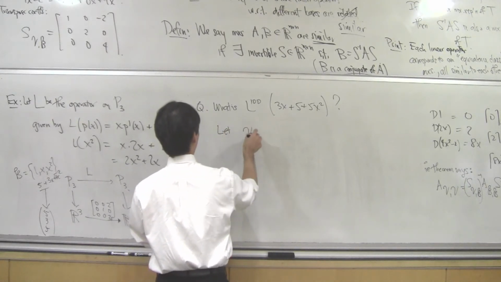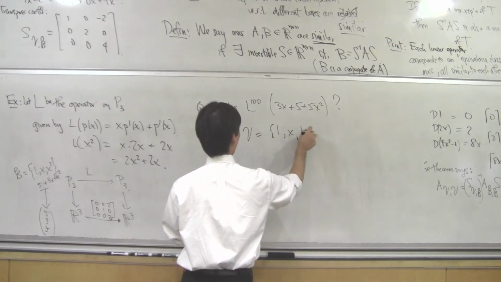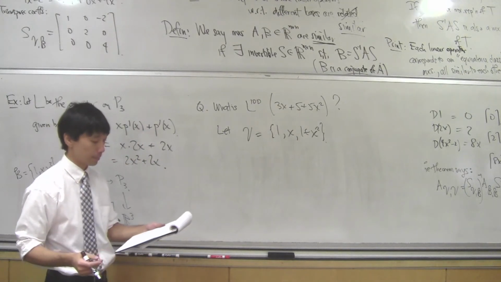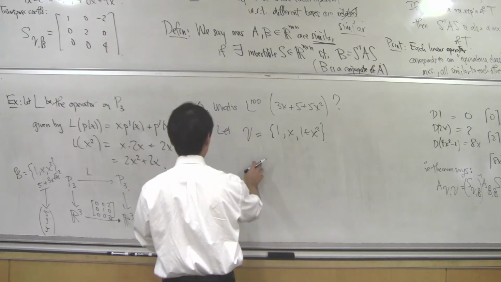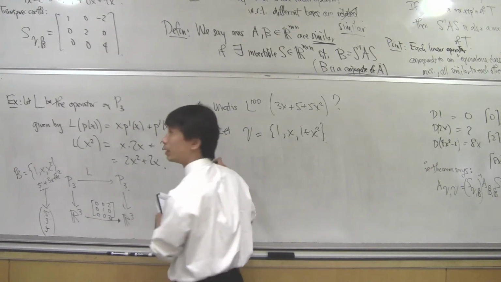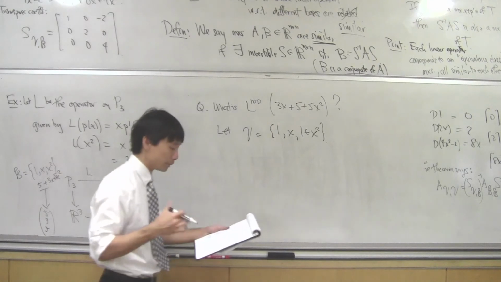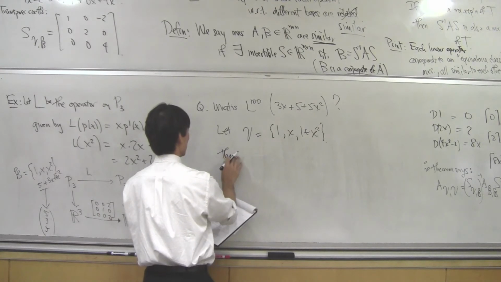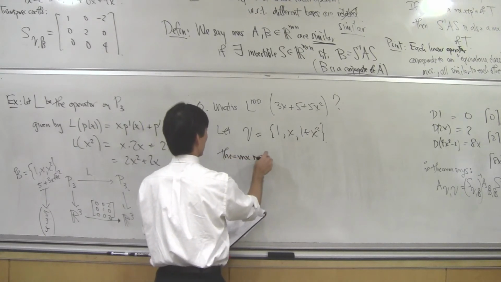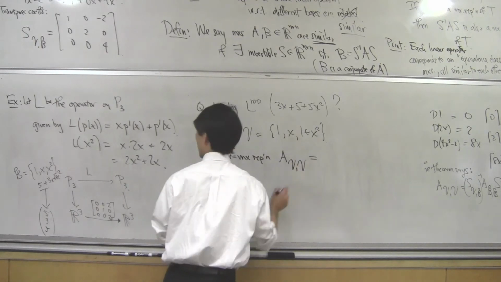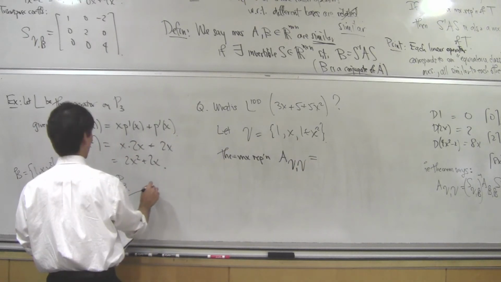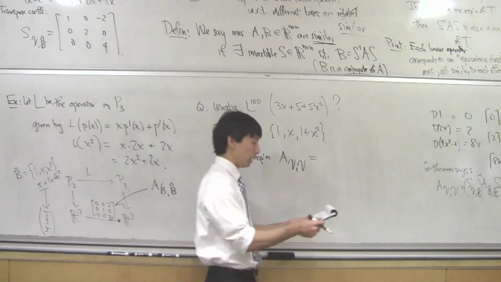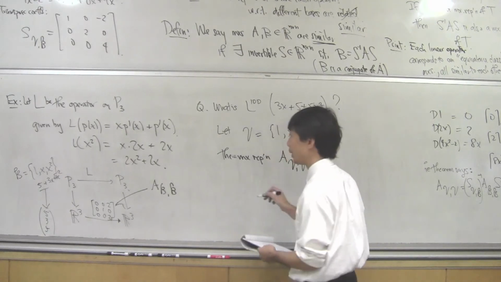Let V be 1, x, 1 plus x squared. Sorry, since we're running over time, I'm just going to do it for you. The matrix representation with respect to basis V, so this guy here was our A_B, the matrix representation turns out to be, well, maybe you can see it.